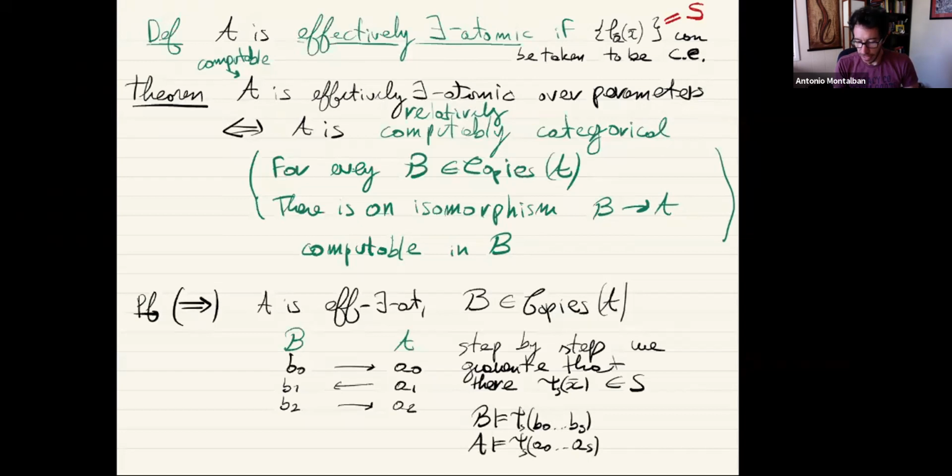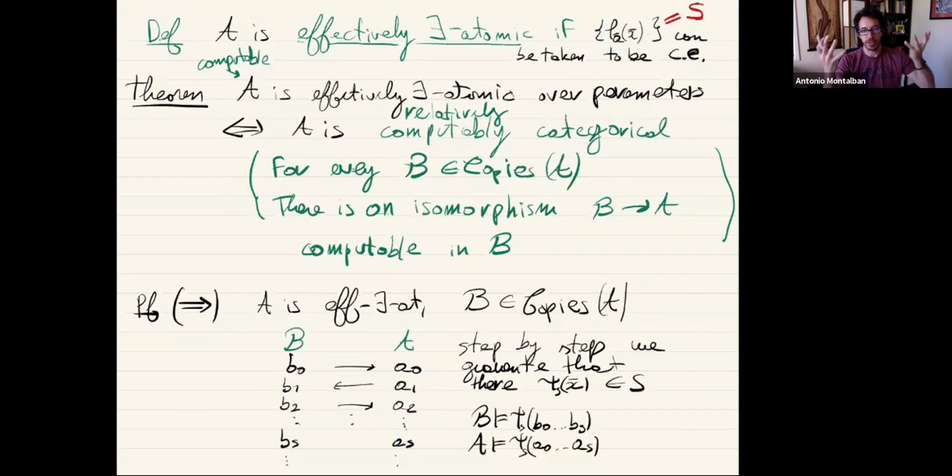Okay, so at every moment, we want to make sure that when we define the first S many elements up to here, this tuple of elements and this tuple of elements satisfy the same formula from the family S. Essentially, that means that they are isomorphic, right? Because these formulas are defining the orbits of the tuples.